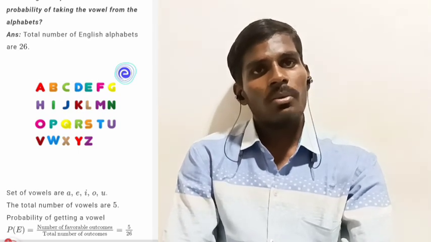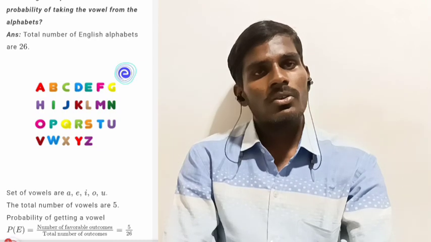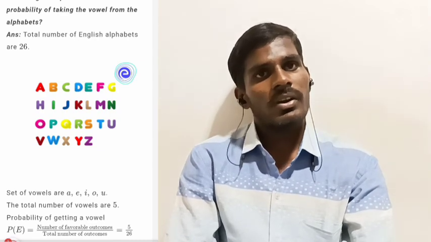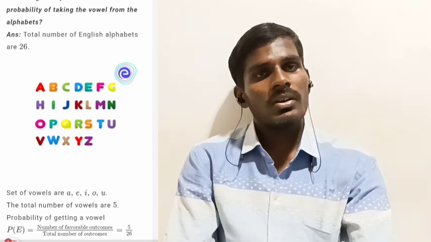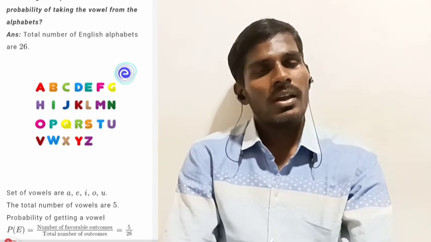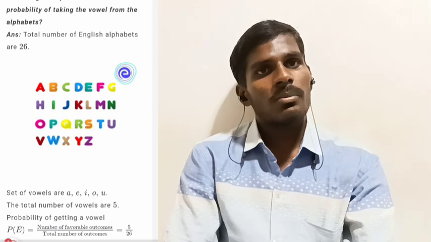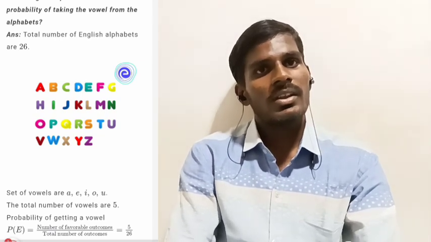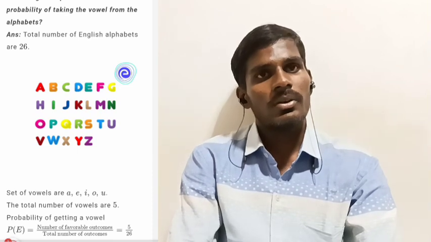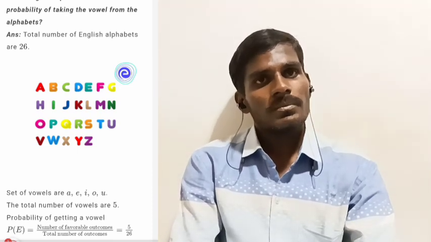So the probability of getting a vowel is the number of vowels divided by the total number of alphabets, which is 5 divided by 26. So the probability of getting a vowel is 5 by 26.